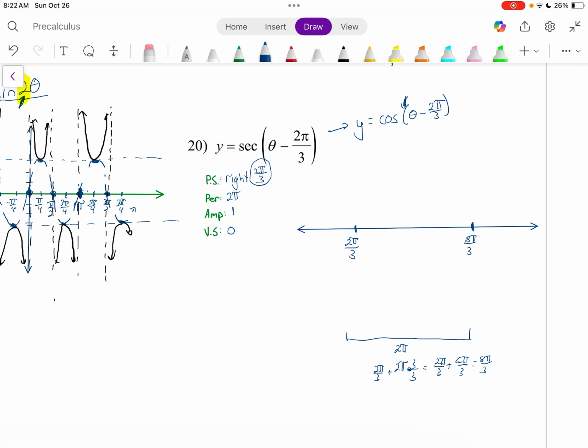All right, so we want to find halfway in between there. When the phase shift changes, these are the ones that take longer. They're not terribly hard. They're just more work and take up more room. So we want to find halfway between 2 and 8. We can add those together and divide by 2 to find the middle.